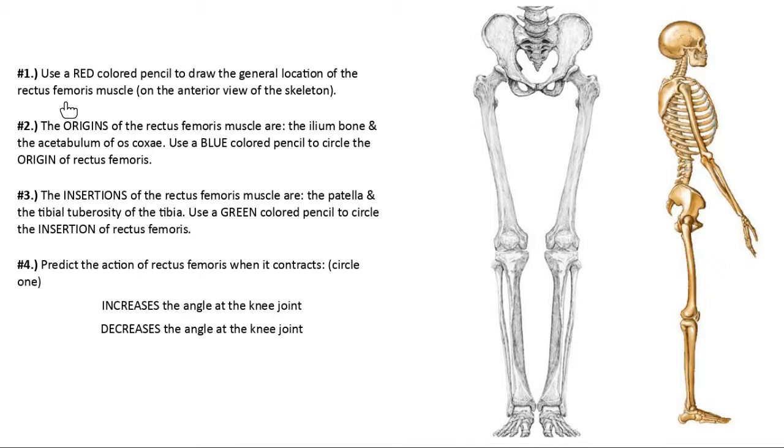Rectus Femoris is a muscle that we find along the front side of the femur. So we would find Rectus Femoris kind of right about here. Remember that rectus means it's parallel to the midline. So it goes parallel to the femur. We're working on that parallel muscle right here. Every muscle has origins and insertions. When I talk about the origin of a muscle, is the origin the part that does or does not move when a muscle contracts?